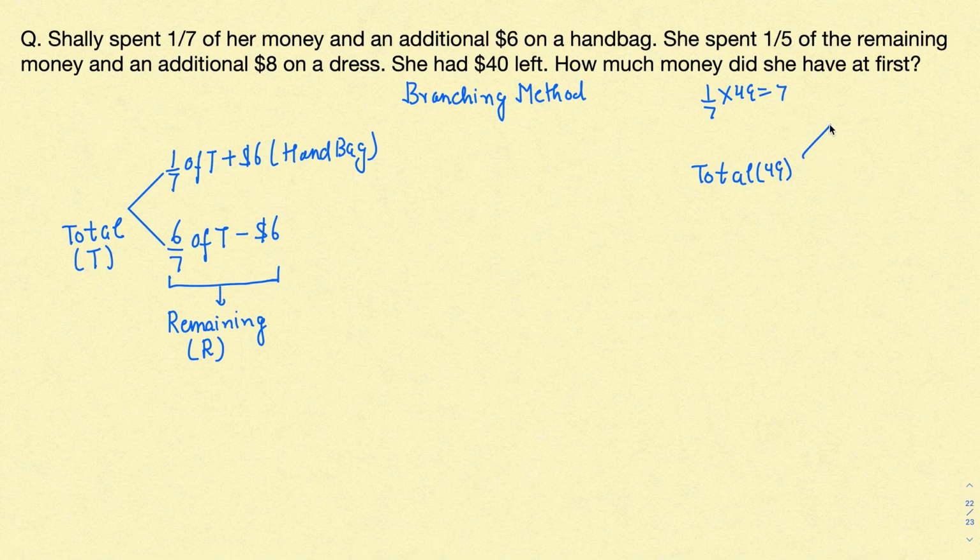So she has spent 7 plus additional 6, that will be equal to 13 on the handbag. Let's say HB is for handbag.